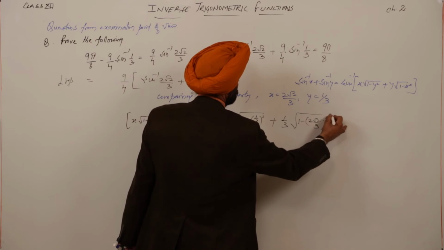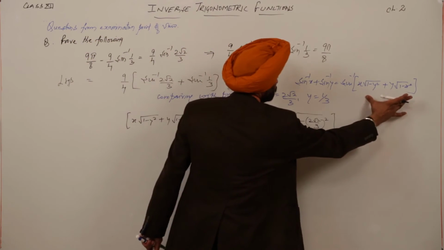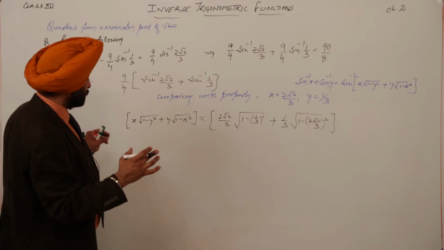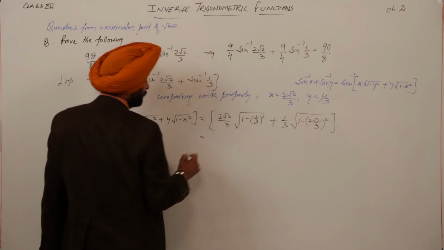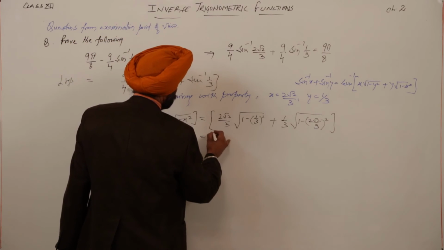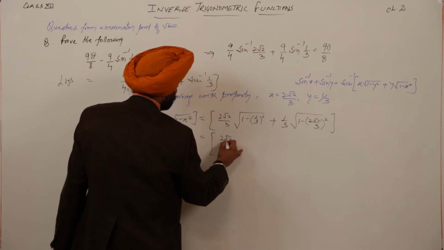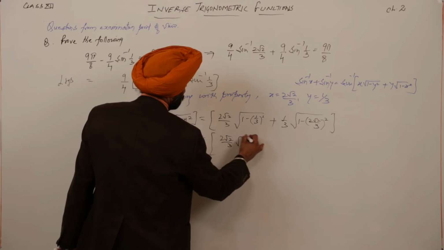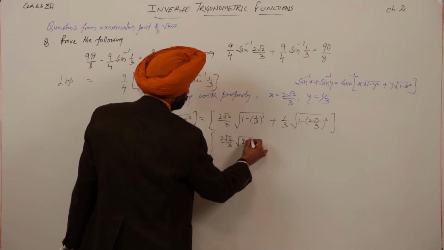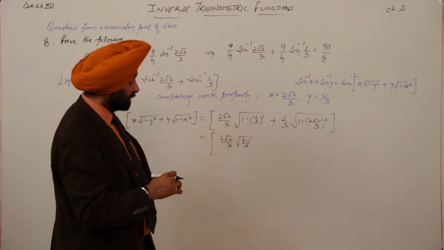plus then value of y, 1 by 3 under the root 1 minus 2 root 2 by 3 whole square. So I have just taken without inverse only this middle function because I just don't want to mix everything. For the calculation part it is good if we are doing it in a large sheet, or in a wide space. So we are having 2 root 2 by 3 square root of, now after solving what we are getting, 9 minus 1 upon 9, square of 1 by 3 is 1 by 9.